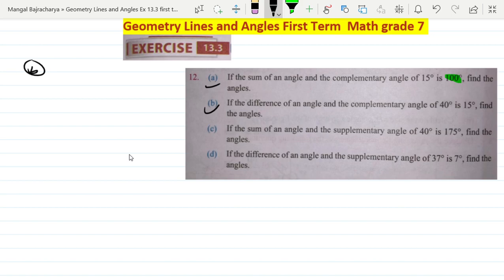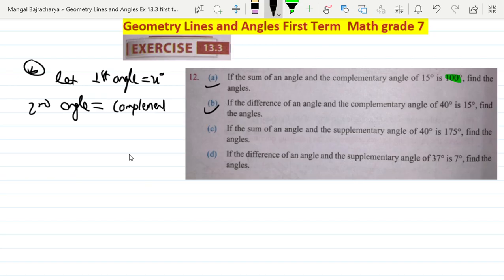So we say here we suppose your first angle is x. Let the first angle equal x degrees, we suppose, and your second angle is the complementary angle of 40 degrees, is it? So that is 90 minus 40, is it?